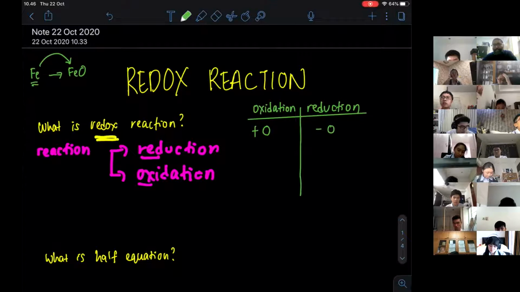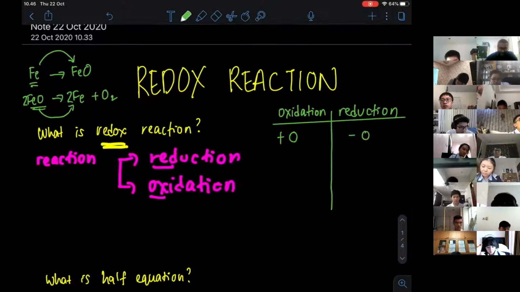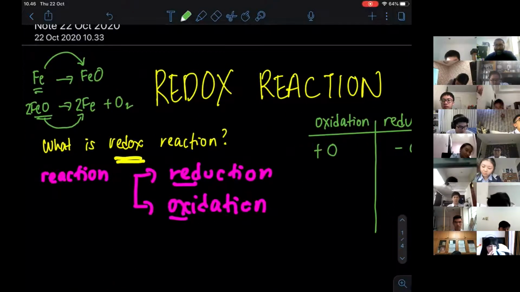So this is an example of oxidation. Reduction is quite simple. If you have FeO changing into Fe plus O2, for example, FeO is losing the oxygen atom. So we can say FeO is being reduced.